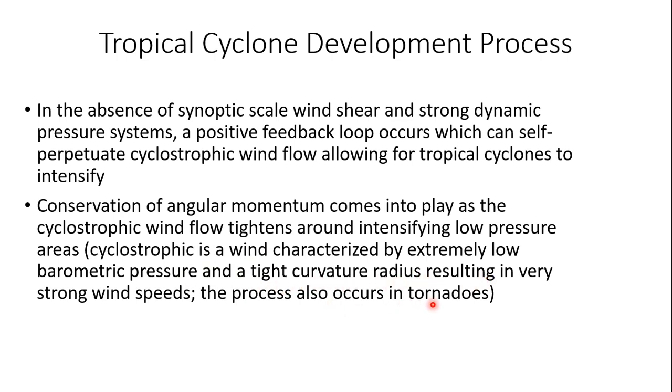I mentioned it also occurs in tornadoes. Okay, so there's a couple things going on here. When we talk about a very tight curvature radius, whether we're talking a tornado or a tropical cyclone, this conservation of angular momentum comes into play, trying to counteract that cyclostrophic wind flow.